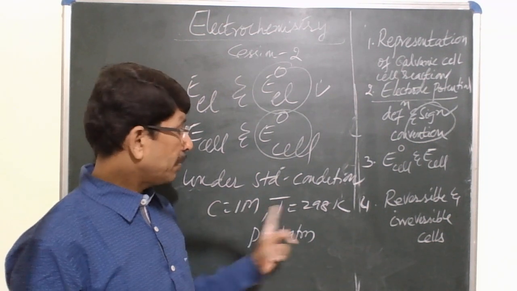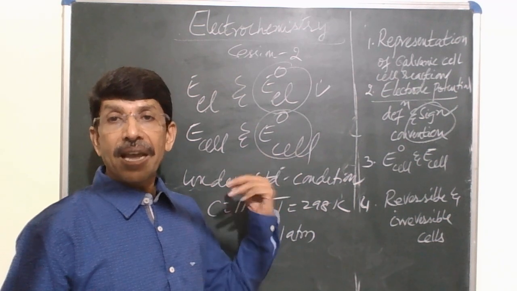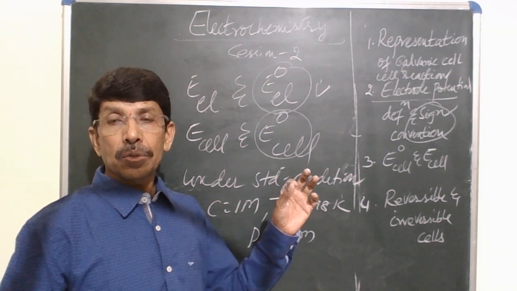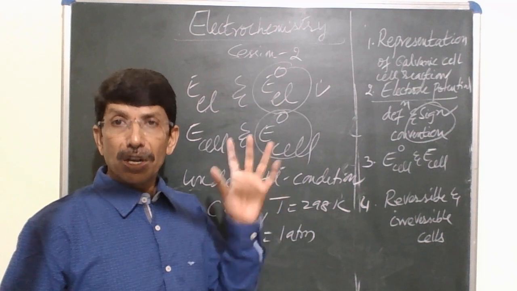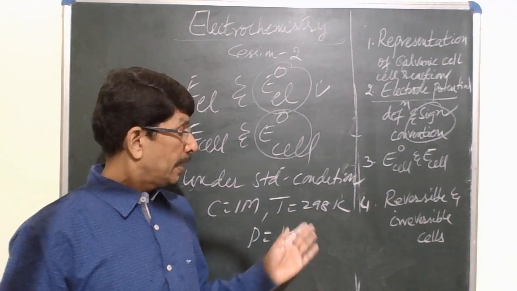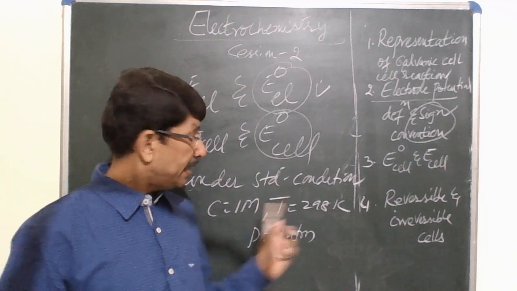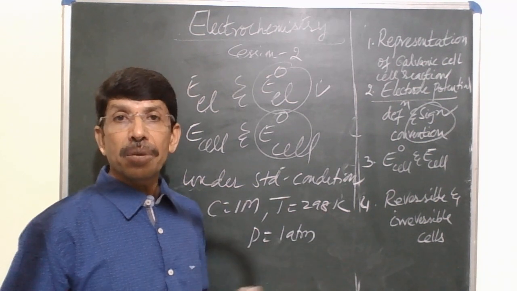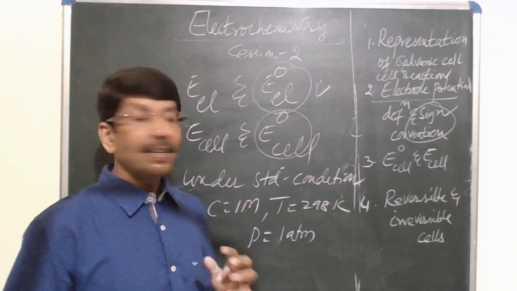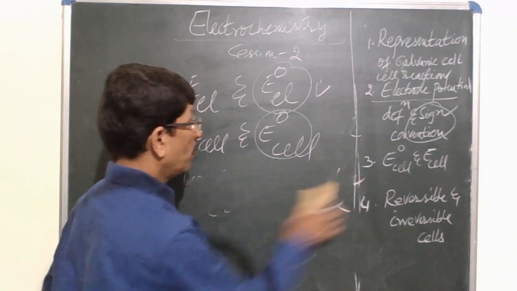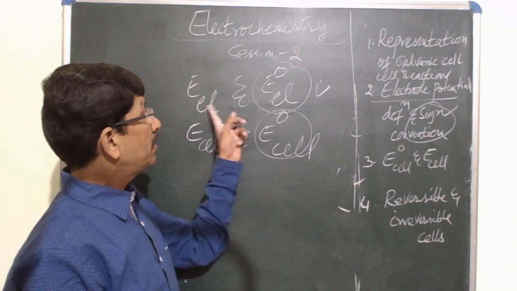And if the same conditions are maintained in the galvanic cell, with both electrodes in contact with 1 molar electrolyte solutions at a temperature of 298 Kelvin, then the EMF of that cell under these conditions of concentration and temperature is called the standard electromotive force. So this is the difference.